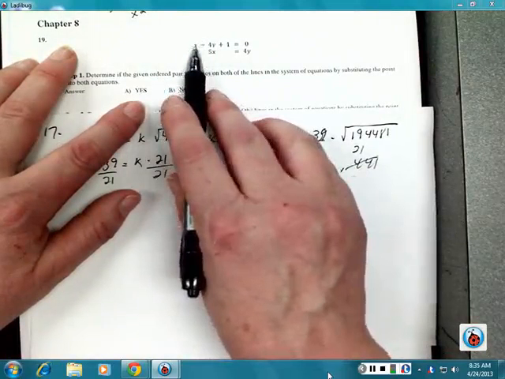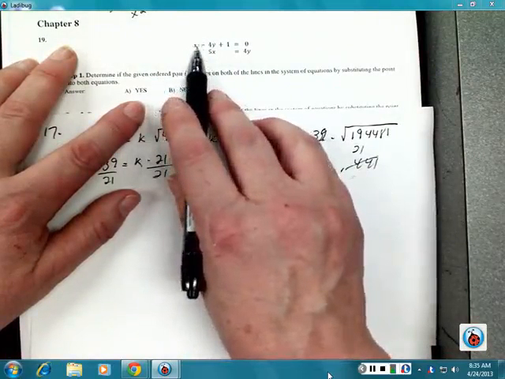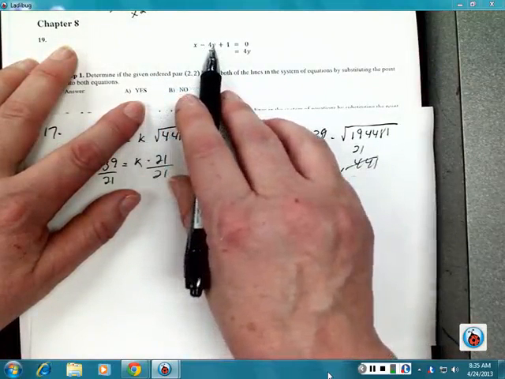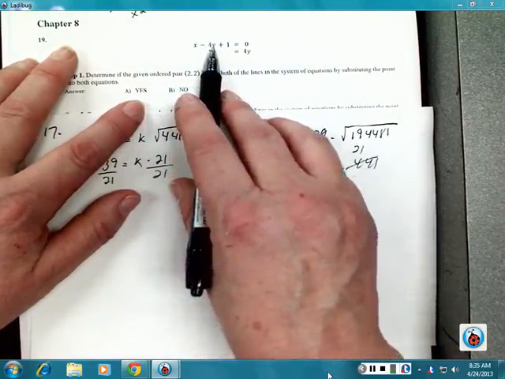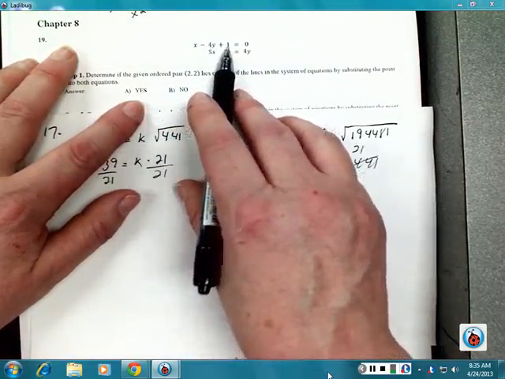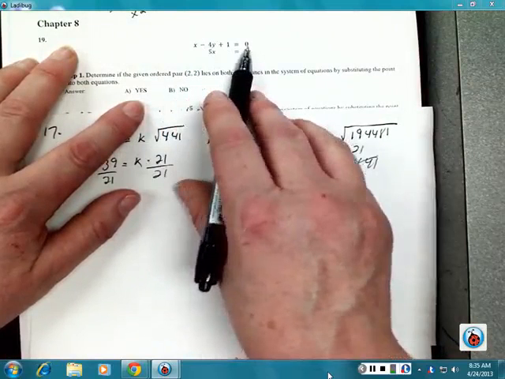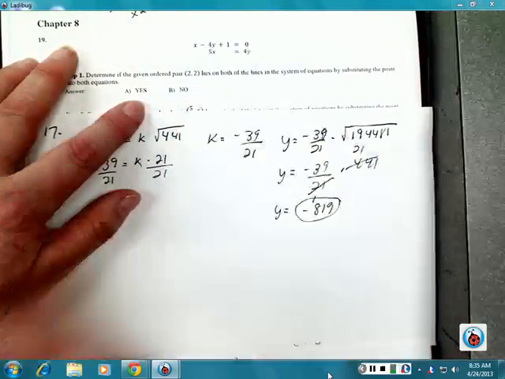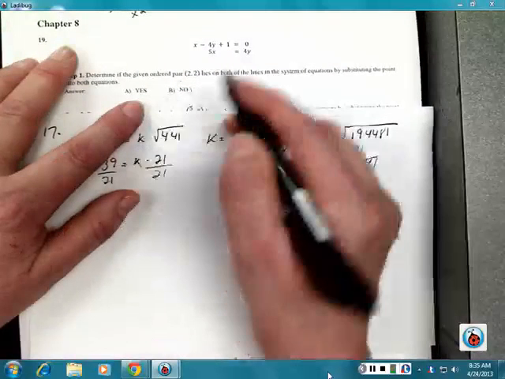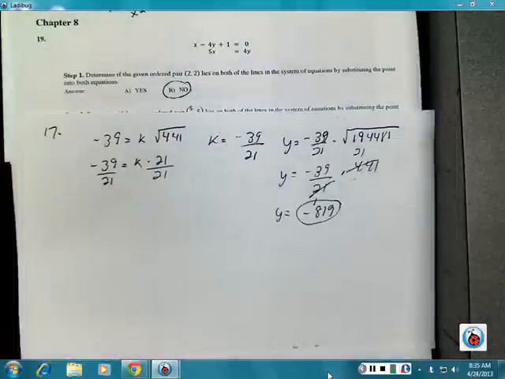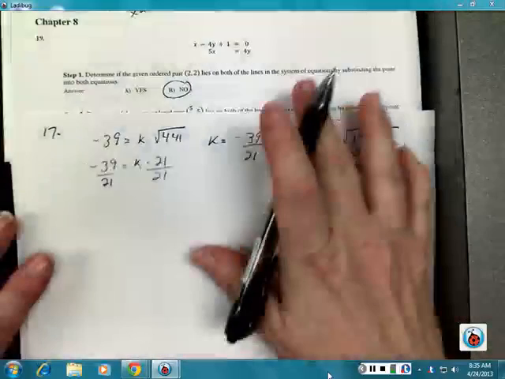So 2 minus a negative 8 is a negative 6. Negative 6 plus 1 is not 0, is it? It's a negative 5. So we would definitely see no. It's not going to work for that solution to this one. So it's not a set for that.